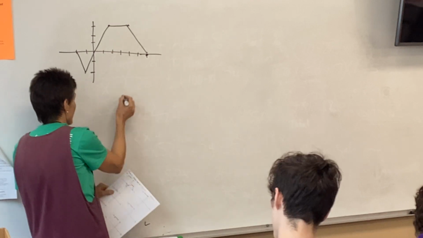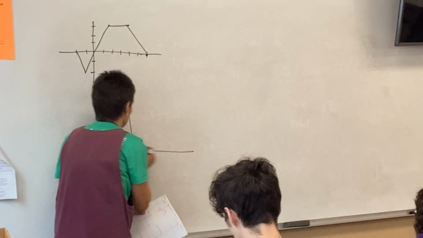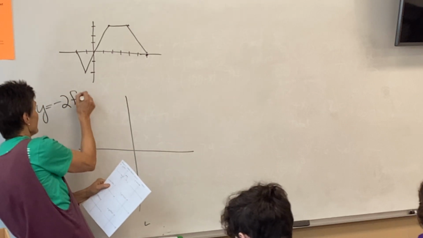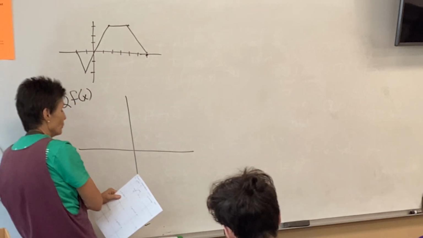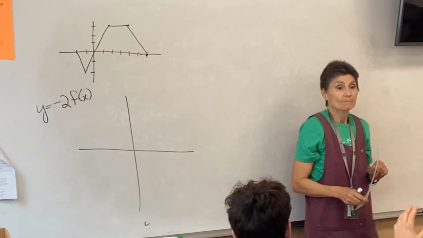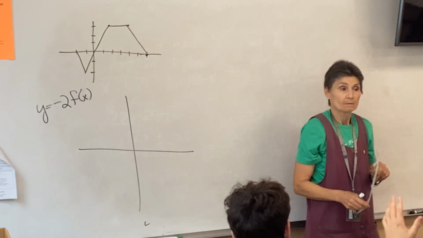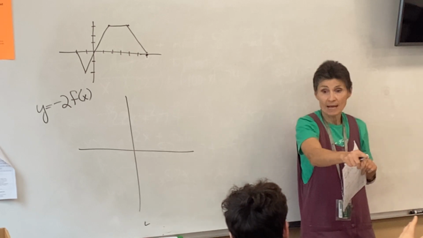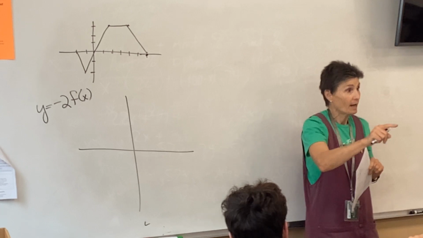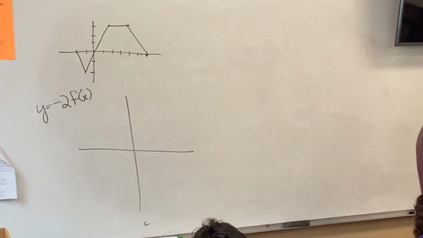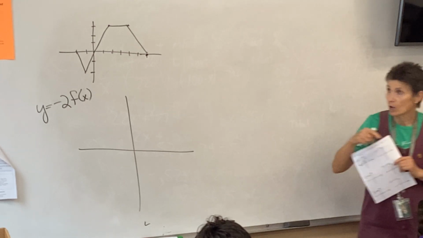Okay, who can tell me what changes I'm going to make if I have negative 2 f of x? It's going to be double the height, but down, or upside down. Upside down and double the height. So the y's are going to be doubled and made negative, so they're going to be flipped over.